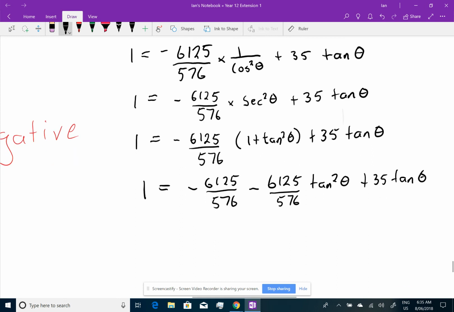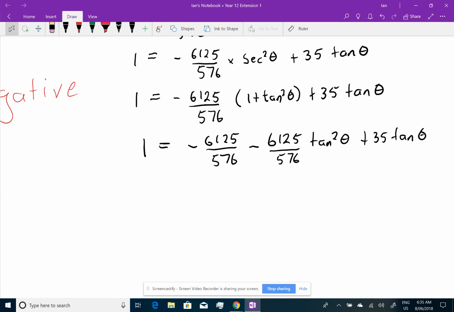Well, it looks like I'm going to get a quadratic here. Yes, you will, because we knew that there would be 2 answers to this.